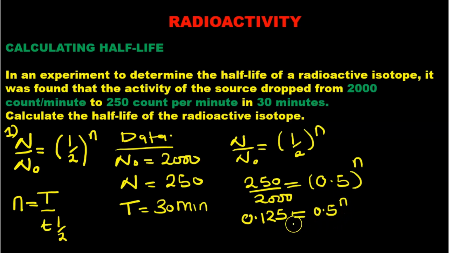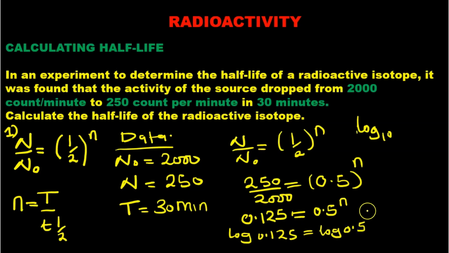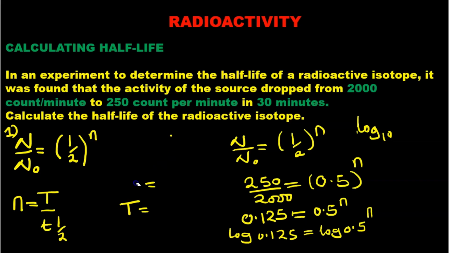At this point, you introduce log to base 10 to both sides of the equation. So you say log 0.125 on one side, and on the other side log 0.5 raised to the power n. Remember, your target is to find n.